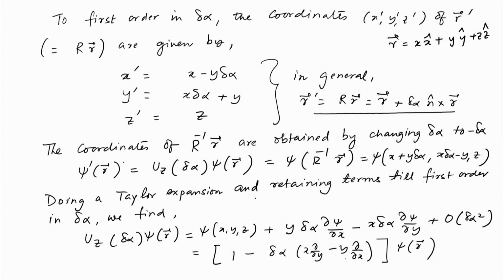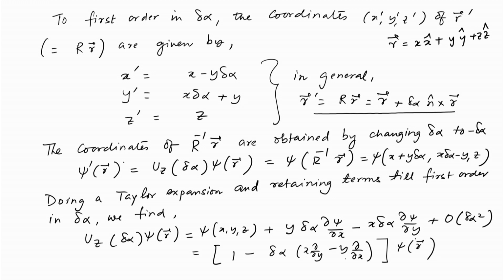So, doing a Taylor expansion and retaining terms till first order in delta alpha, one can find that u z delta alpha psi of r is psi of x y z, doing a Taylor expansion of this. So, this is y delta alpha del psi del x and minus x delta alpha del psi del y.